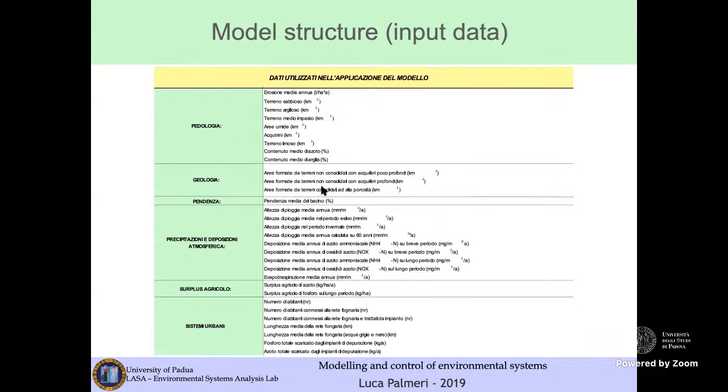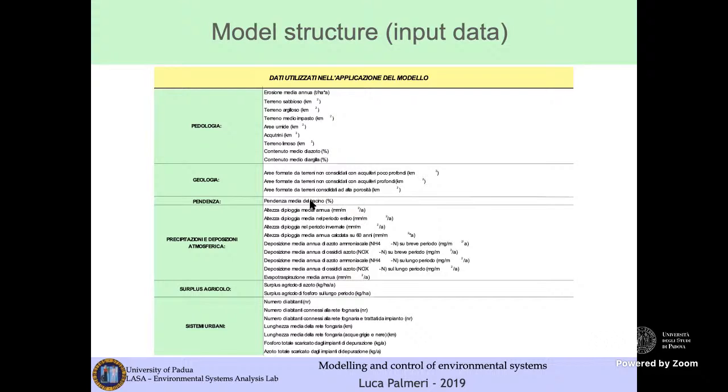Areas that are made up of non-consolidated terrains, in which the aquifers are deep, so there is not much interaction between surface and groundwater, or areas that are constituted by consolidated terrains. Of course, these differentiations in the geology are needed in order to qualify the flows that link surface activities on the land and the effect on the groundwater.